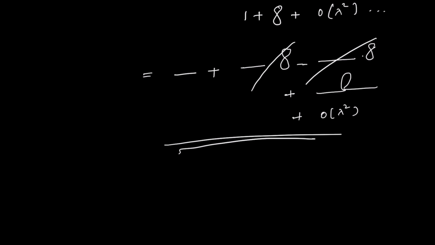Now here you can see that these two will get cancelled. And this cancellation is not by accident, and it happens in all orders. So this is in the first order, similarly in the second order and the third order, and in all orders this happens. We have already seen this in the previous lectures as well.